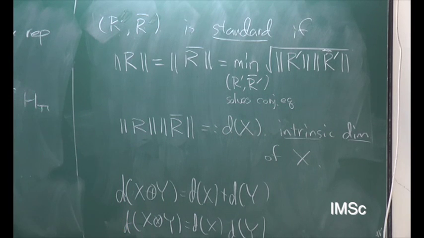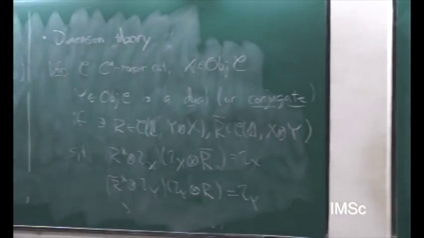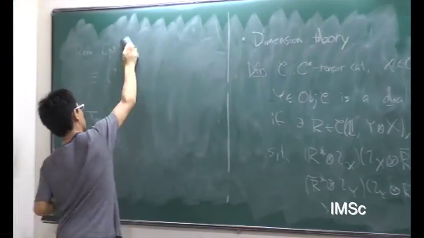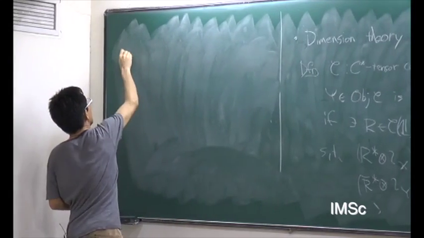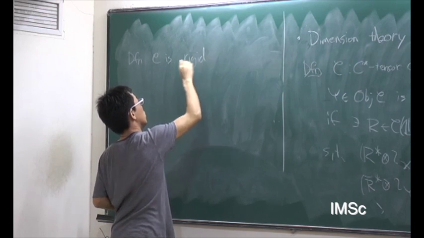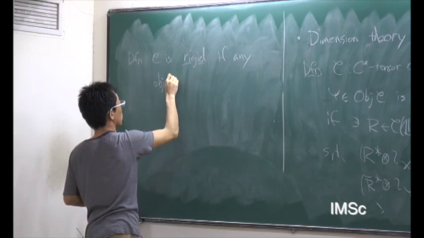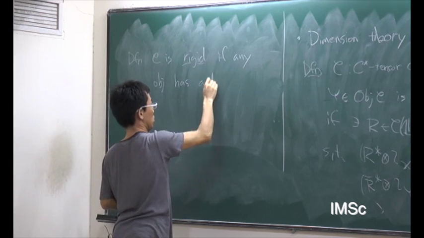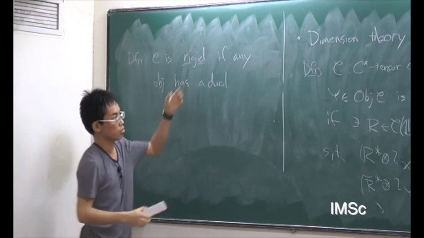Just another terminology: we say C, the tensor category, is rigid if you can find this conjugate for any x, and we denote it as x bar.